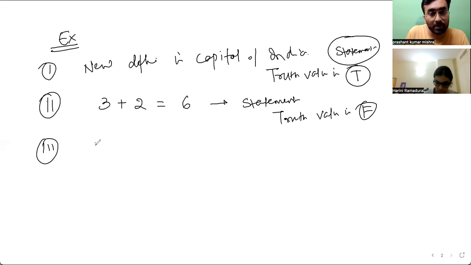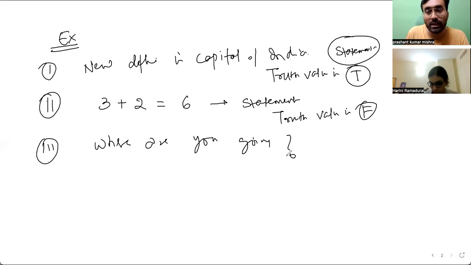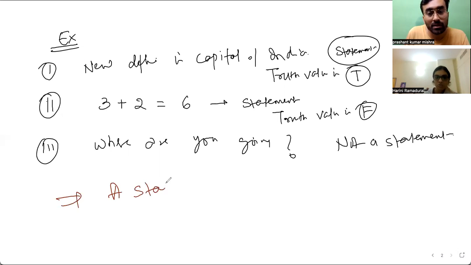Now, the third example, if I ask you, where are you going? It's interrogative, so it is not a statement. So what is the rule now we got? For a statement, truth value is defined.